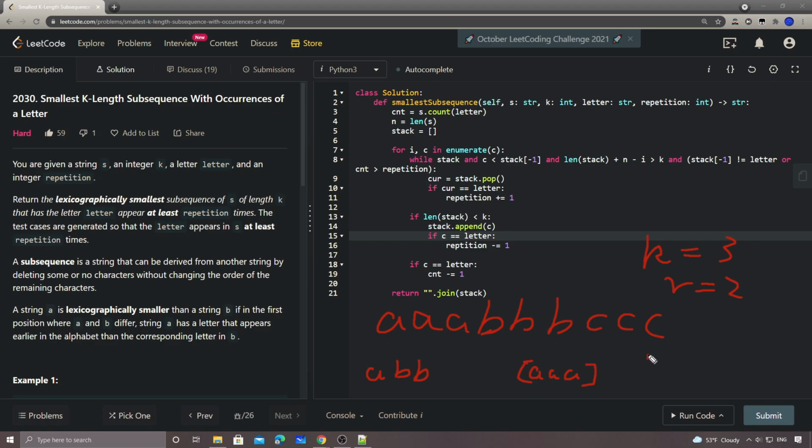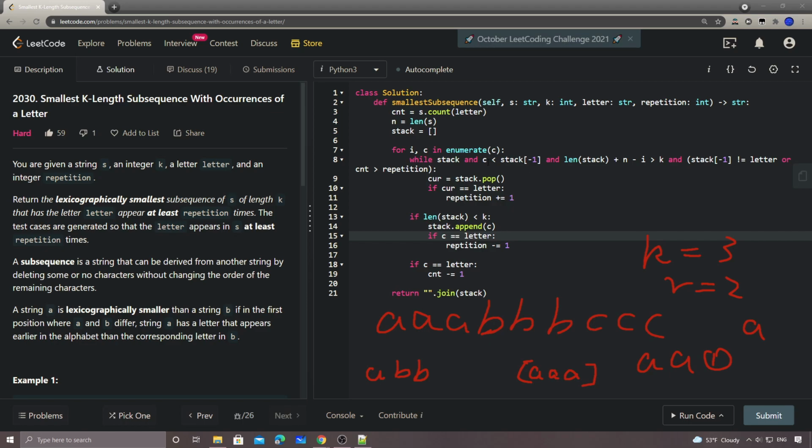Which means that we have A and A here, and the next one is also A, but in this case we cannot add A because there's only one space left here. That's why we need to also pop it when there's not enough space in the stack for us to fill in all the repetitions. Okay.